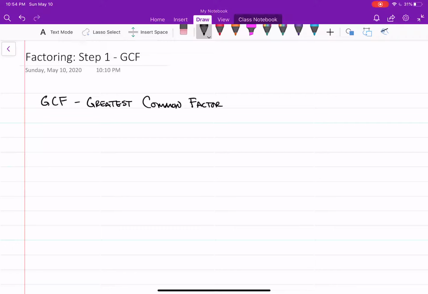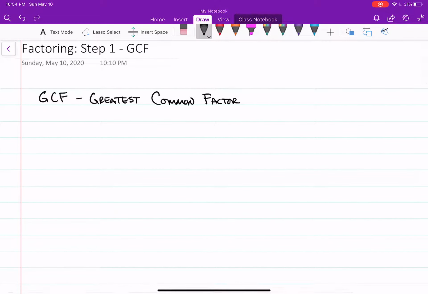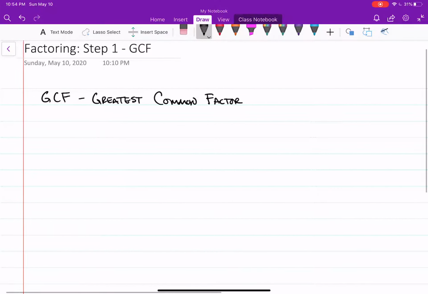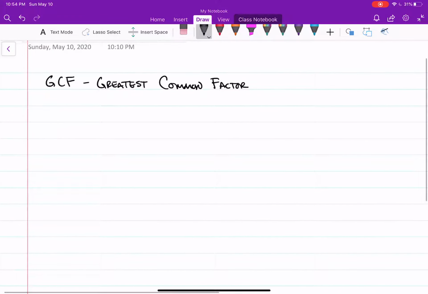All right, and the very first step is called GCF, which is the greatest common factor. So let me talk about what factors are. If you were to find factors, for example, let's say we were finding factors of 24. Basically we're looking for numbers that would go into 24.